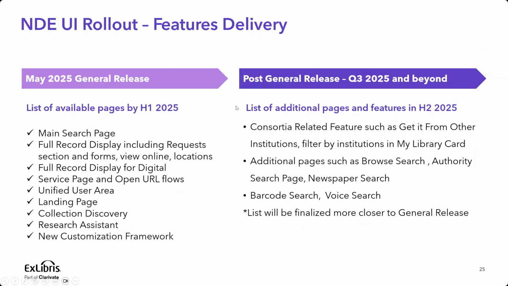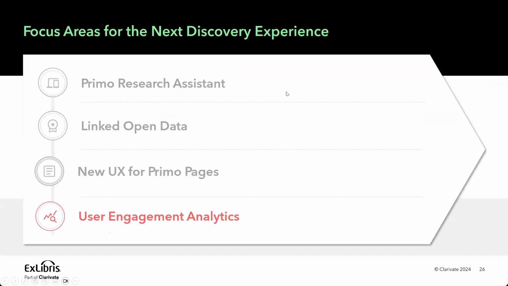We will publish in May, even earlier, what will be available after the general release, like consortia-related features that will be developed in Q3 and Q4 of 2025, and additional pages that will be closed, in a list. So you will be able to see what is available and plan your go-live accordingly based on the information that we will publish. So this is about the rollout plan.